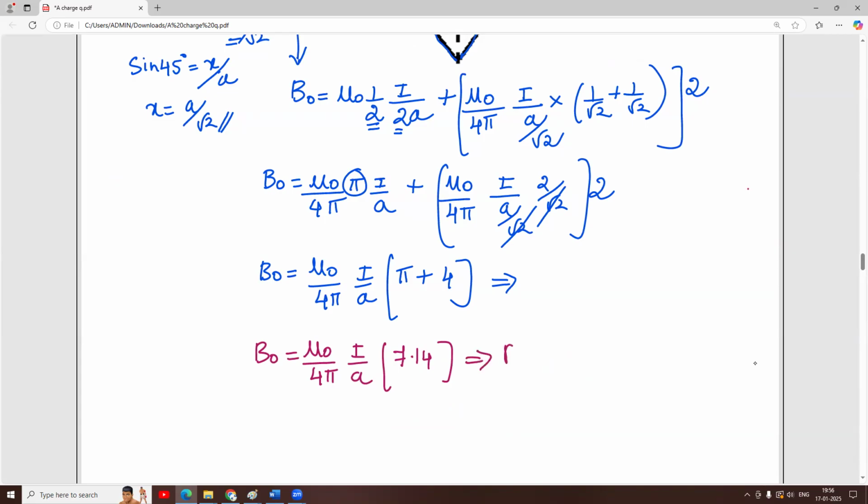That implies B naught is equal to 10 to the power minus 7, I by A, into 7.14.